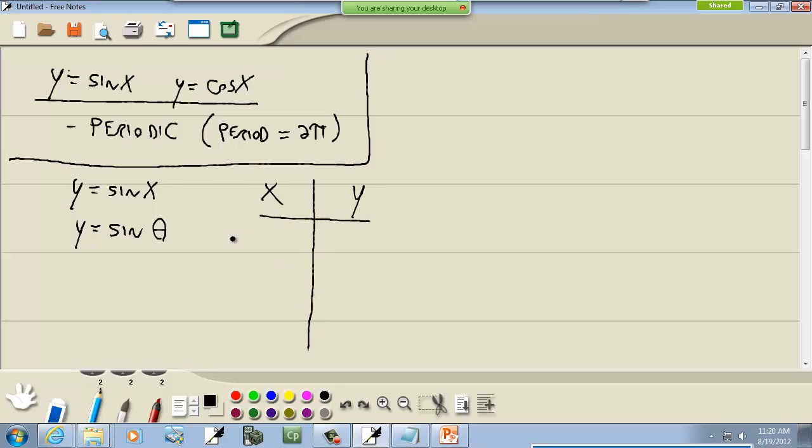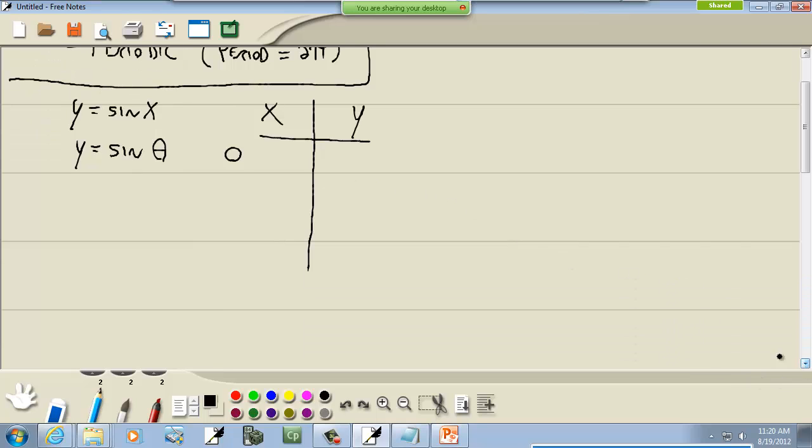And it's going to start at 0. And our period is 2 pi, so your period is going to be right here. So 2 pi. Let's try it again. 0 and 2 pi.